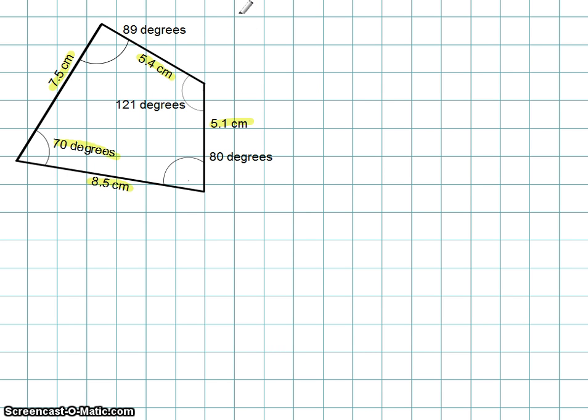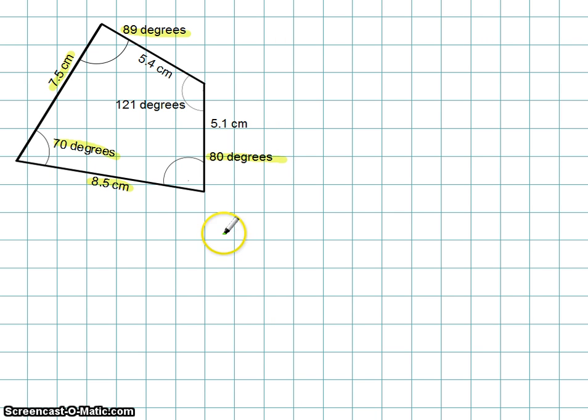Now, this time I'm going to be focused on slightly different parts or measurements or information regarding this quadrilateral. So instead of these two sides, this time I'm going to focus on these two angles.